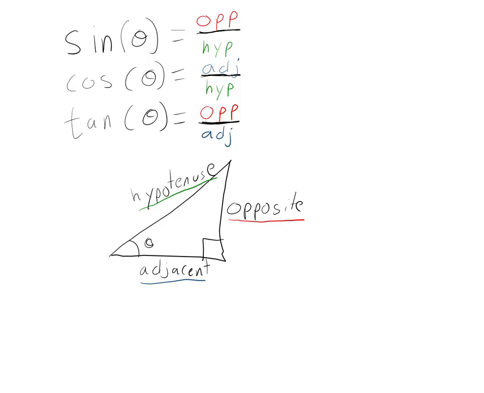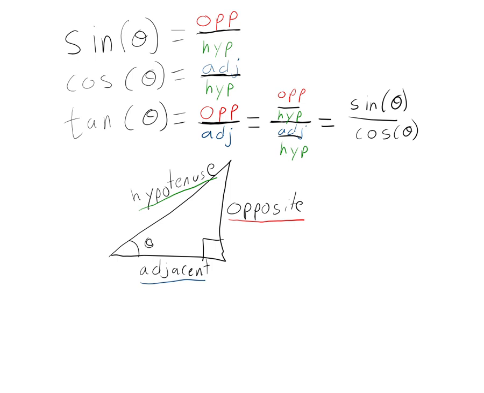Which, as it turns out just from fractional notation, I will point out, this is a little less nice, but it is still true, that you can actually say it's opposite over hypotenuse divided by adjacent divided by hypotenuse, which can be rewritten as sine of theta divided by cosine of theta.